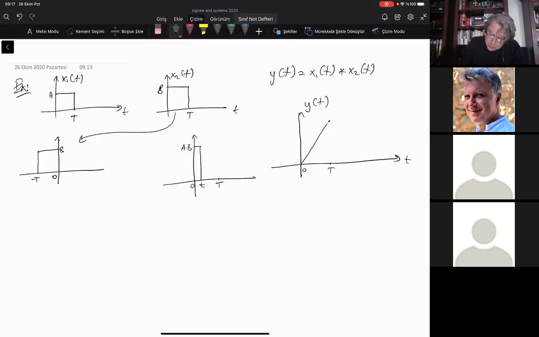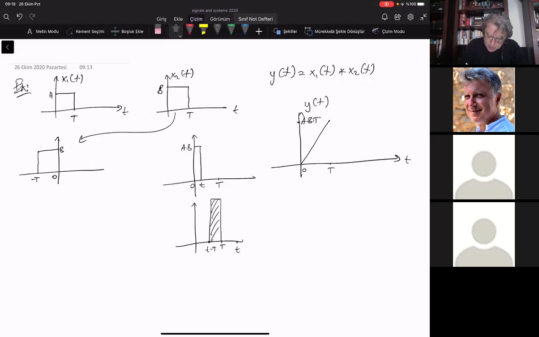And it reaches this point, which is a times b times capital T. And what happens afterwards? After you pass capital T, this time it will behave like this. It will be smaller. Here, this is t, and this is t minus capital T, and this point is capital T.